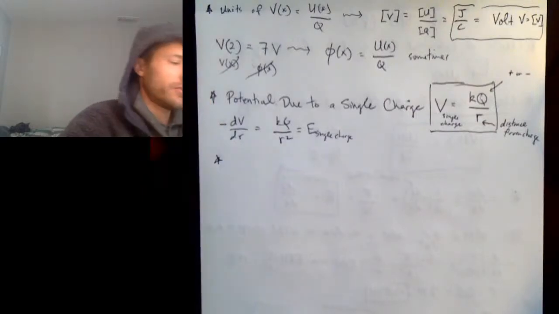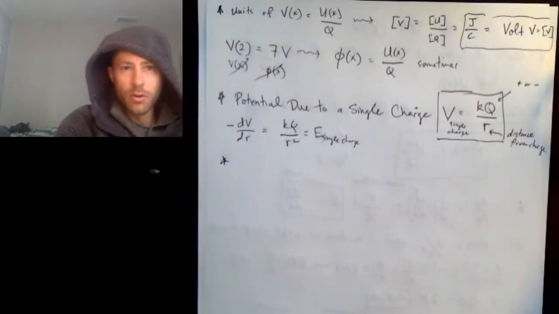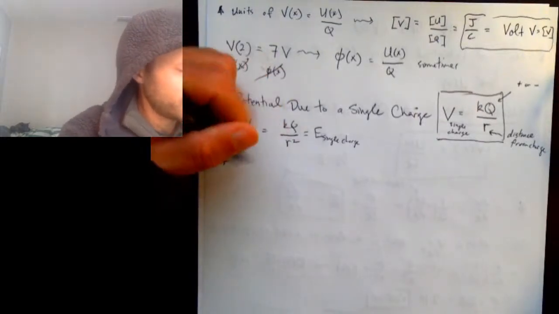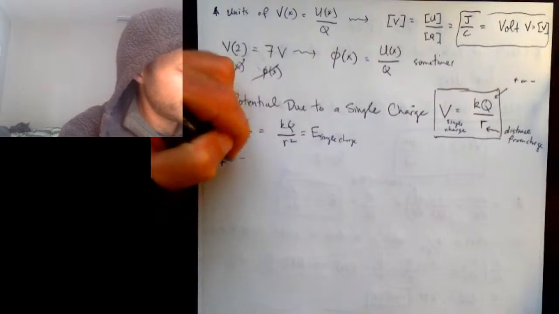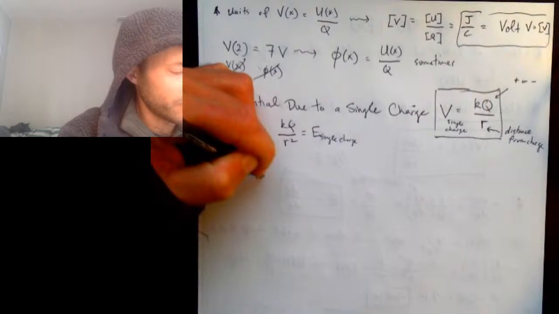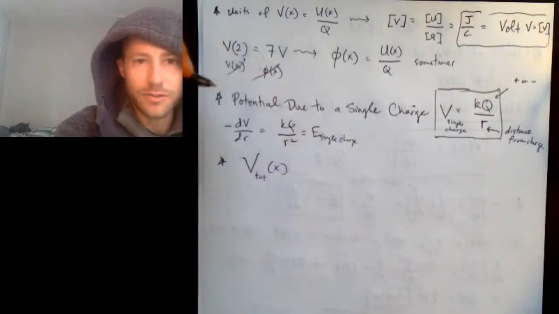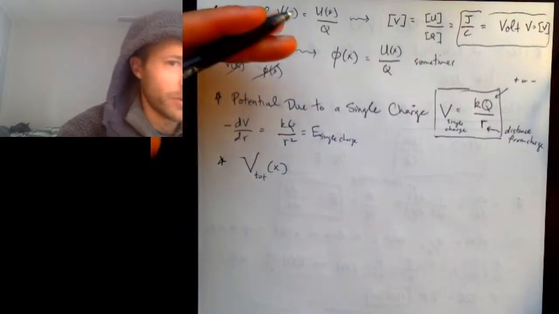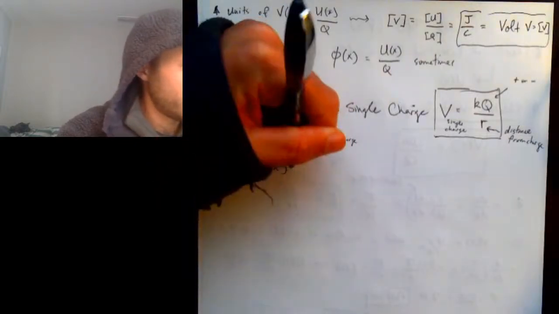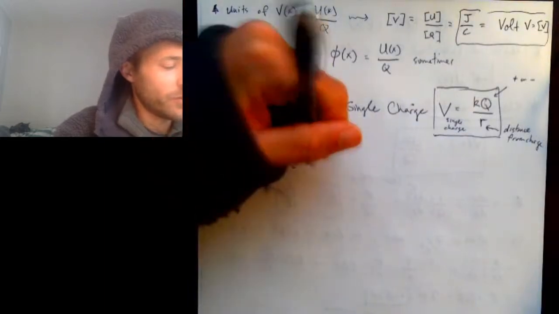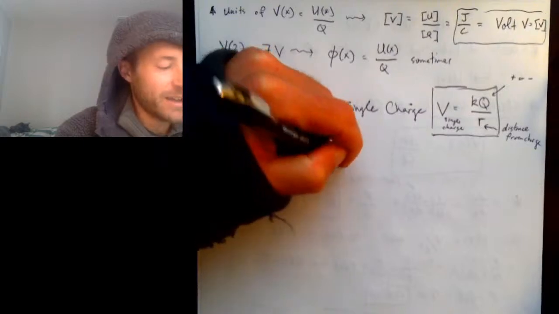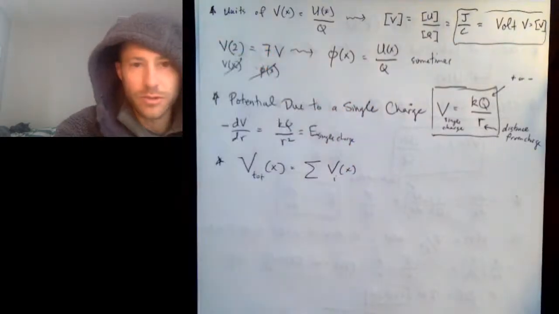So let's suppose that we wanted the total potential. All right. So the total potential at a position x is going to be equal to the sum of the potentials at x due to the individual charges.